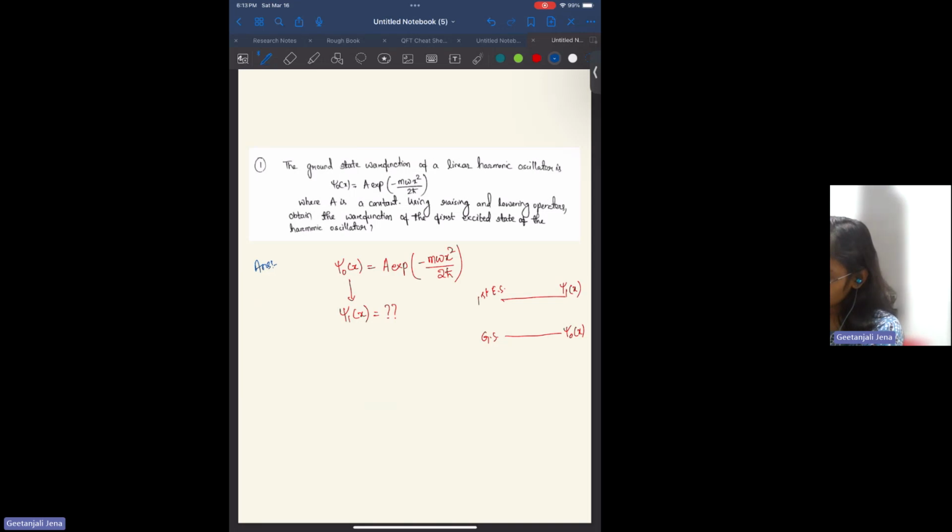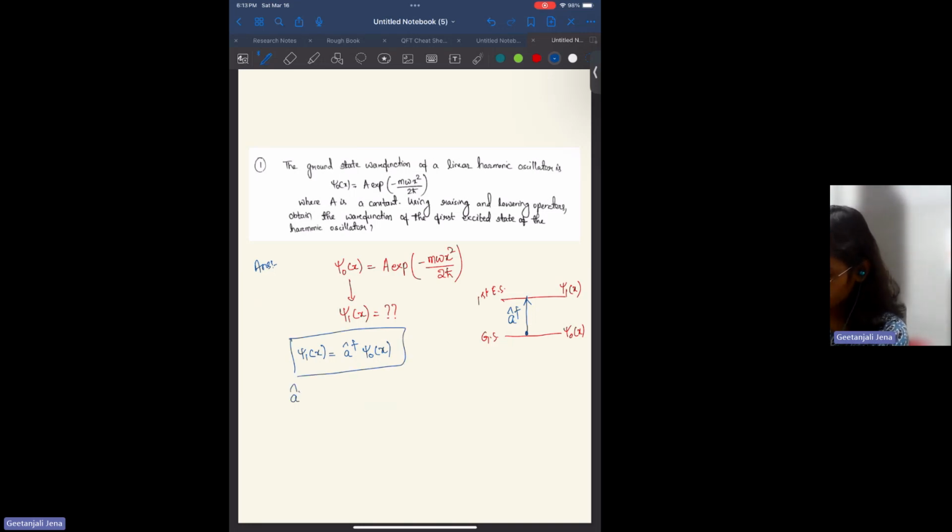When you use the raising operator A dagger, it will raise the state of the system, changing it from the ground state to the first excited state. So you need to use the raising operator and find the expression for the first excited state. This can be written as psi1(x) equal to A dagger psi0(x). Okay, so this you have to solve.